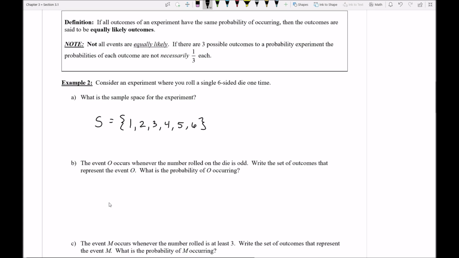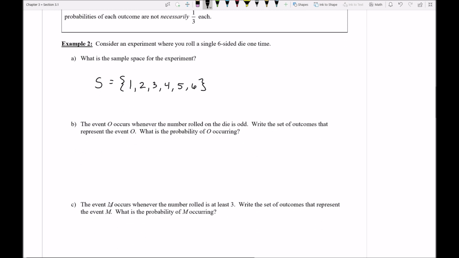Now I could start to ask some different questions here, like, let's see, how about the event O occurs whenever the number rolled on my die is odd? You can see here that I might have chosen O as my representative letter just because it makes me remember the word odd, and oftentimes it's how we'll choose letters.